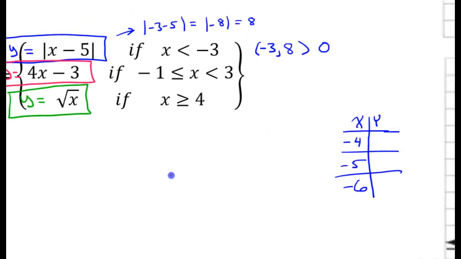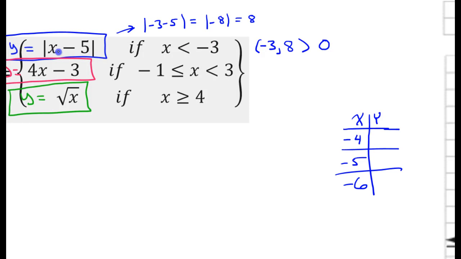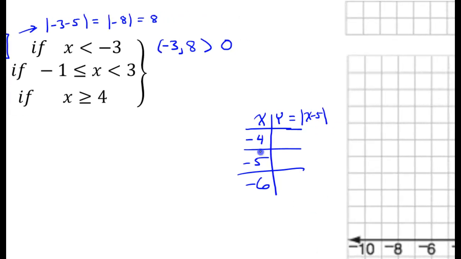So my y values are absolute value of x minus 5. Okay, so if x is -4, then I have the absolute value of -4 minus 5. That's the absolute value of -9, so that's going to be +9. This one is going to be the absolute value of -5 minus 5.